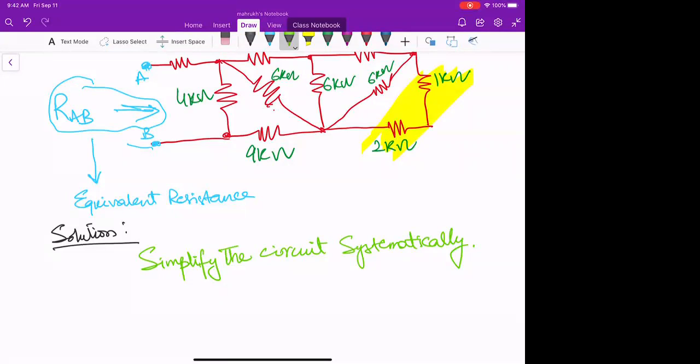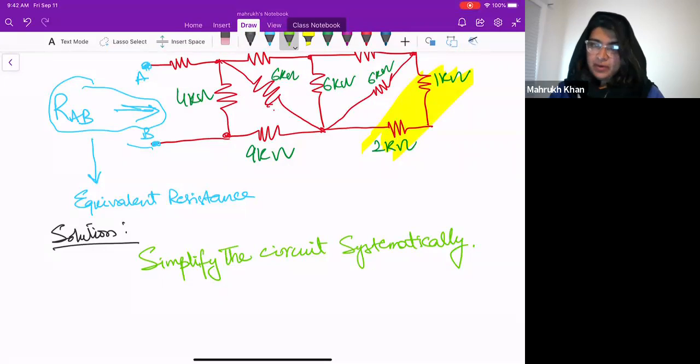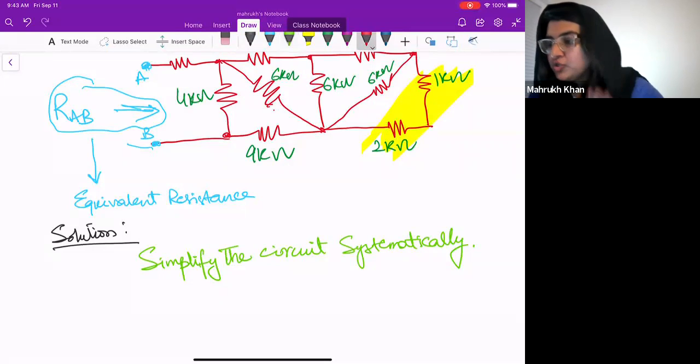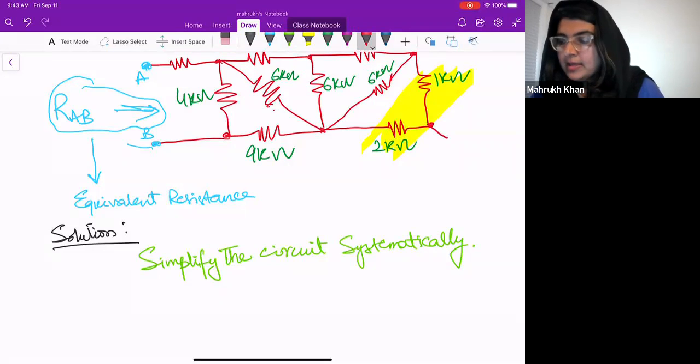Series. Who said parallel? It's okay. Why do you think it's parallel? For the resistance to be parallel, this should be a node where the current is divided, right? In this node, the current is not divided, but the same current is flowing here, okay? So this is in series.